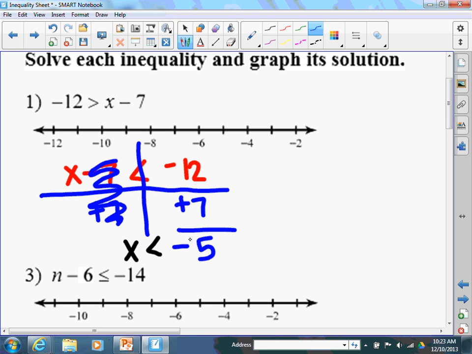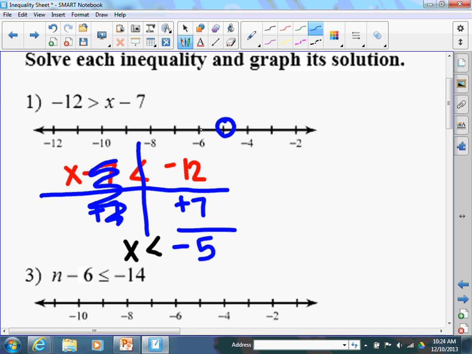And because I love you and don't want you to have to sit here and write all of those answers, we're going to graph it. Do I do an open circle or a closed circle? Open. Do we have a mustache on this one? Open. And what number do I go to? Negative 5.